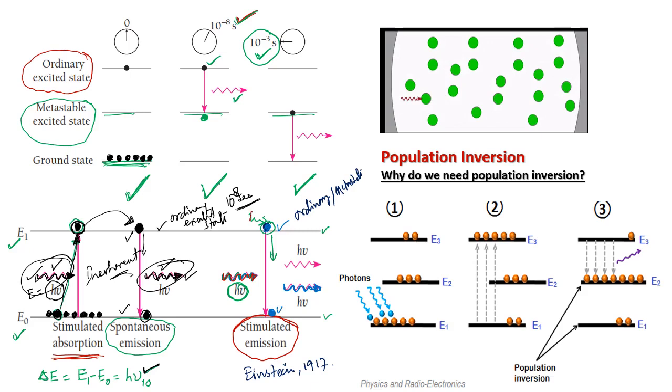So this one is used to stimulate this atom, and this one is coming while this atom is coming from the upper state to the lower state. So the important thing is that these two photons of the same energy are in phase. These are coherent, in phase with each other. So by supplying one photon, I am getting two photons in the final state.